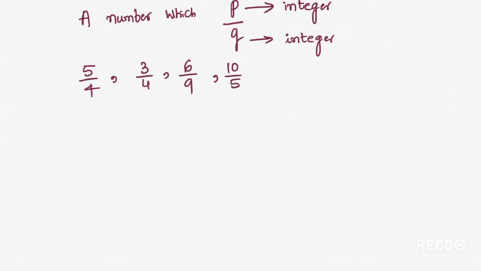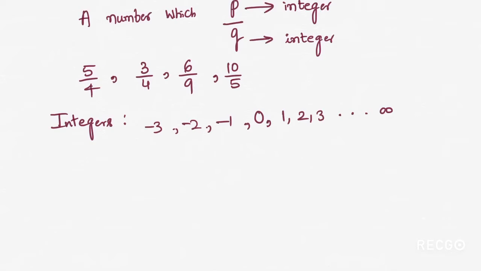Let us come to the definition of integers first. Integers comprise all the numbers from 0, 1, 2, 3 and so on to infinity. And coming to the negative side, -1, -2, -3 and so on to infinity. Therefore, it can be written in the form of a set.